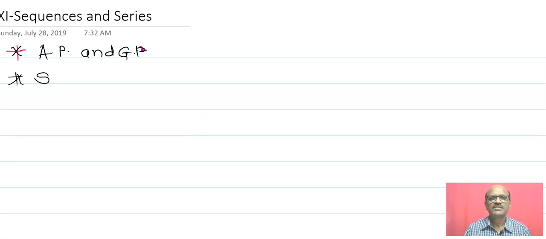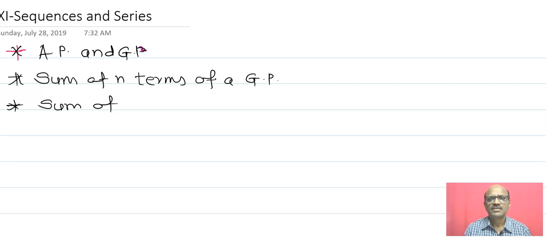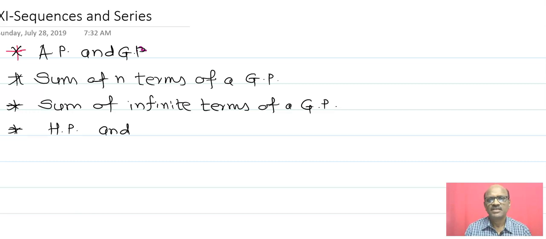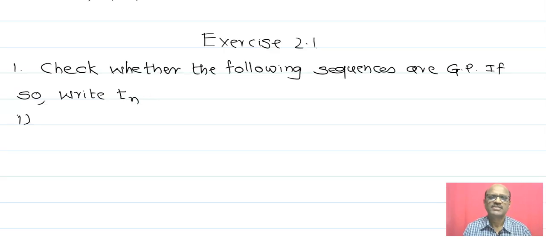That is AP, GP, sum of the nth term of GP, sum of infinite terms of GP, HP, that is harmonic progression, AGP, arithmetic mean, geometric mean, harmonic mean.